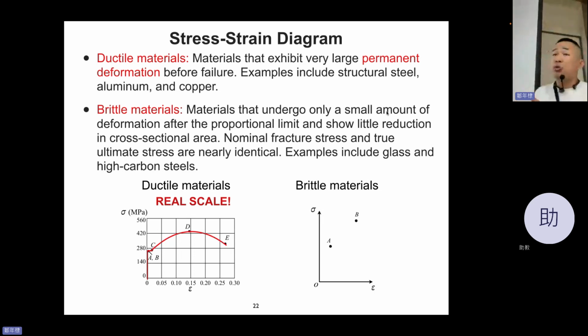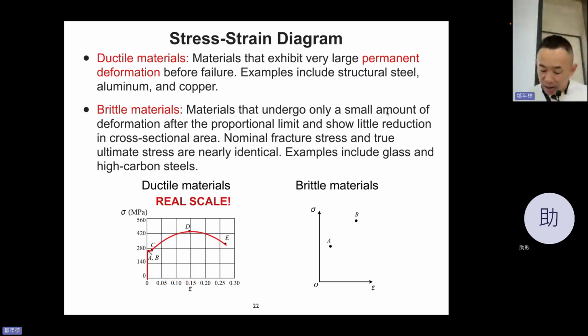The plasticity region means that if you unload, it will never go back to its original shape. Ductile material means that before it breaks, it has a large plasticity region.